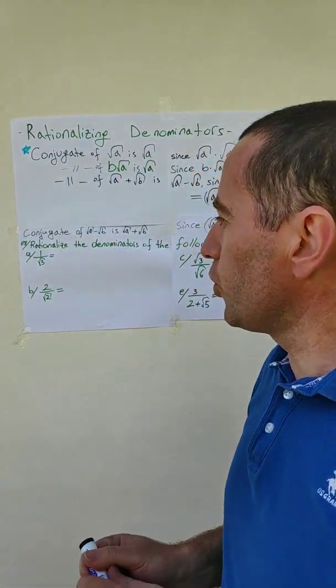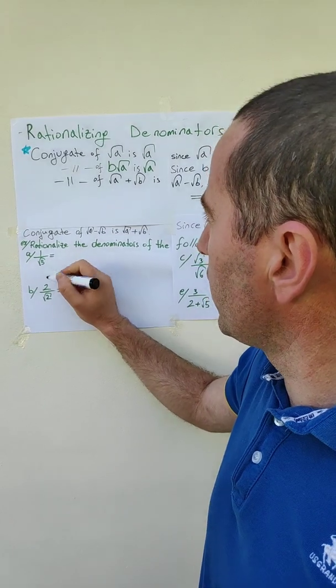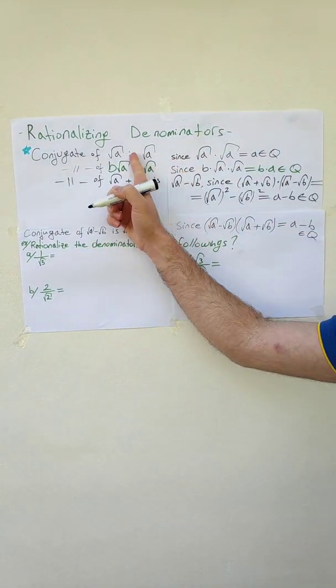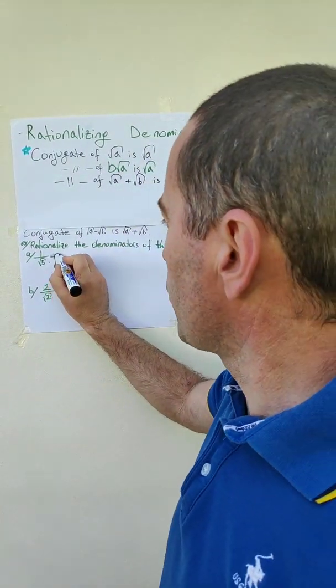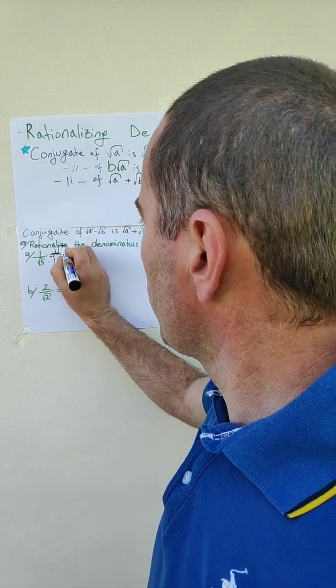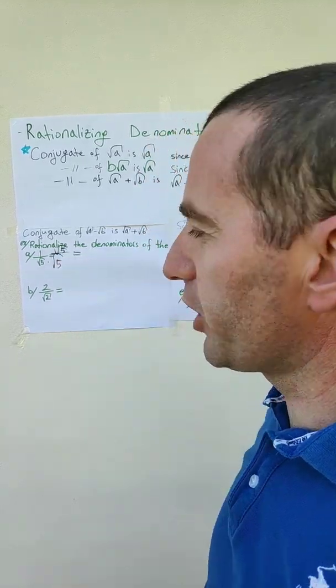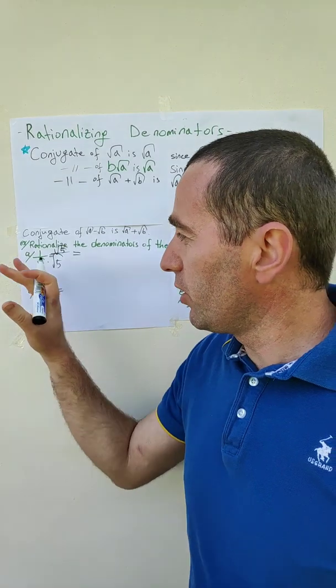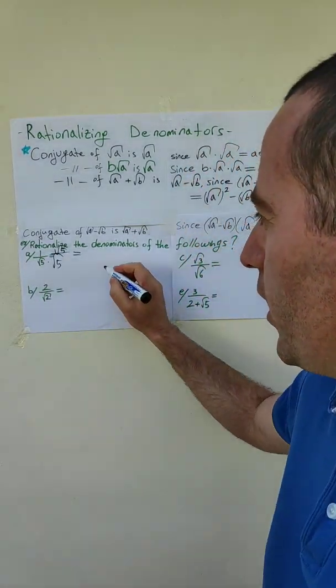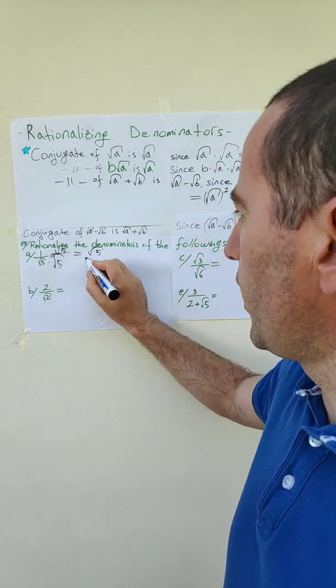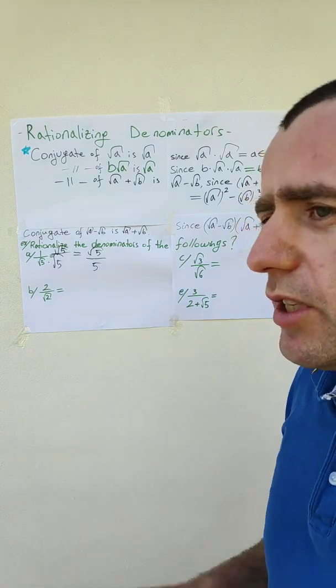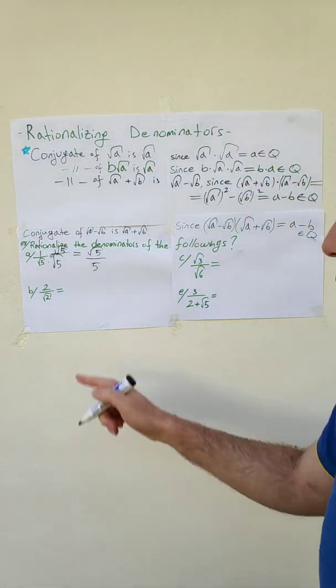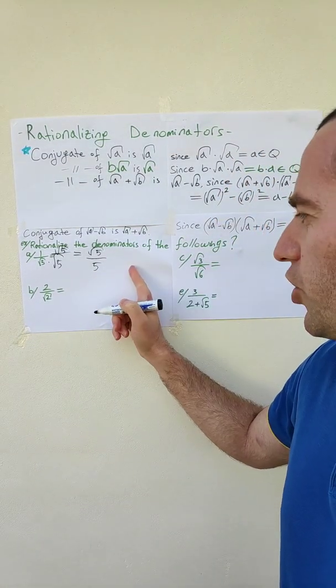It is, of course, square root of 5 itself, as we did here. This is the form. So, times square root of 5 over square root of 5. Doing operations, we multiply numerators together and denominators together, square root of 5 and 5. So we simplify it, we convert it to a rational number.